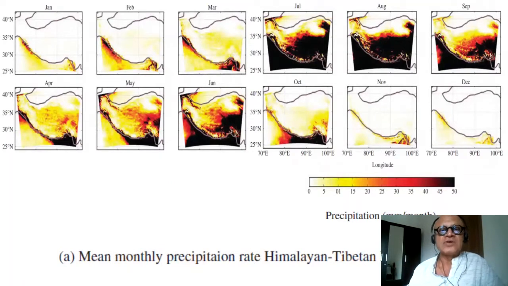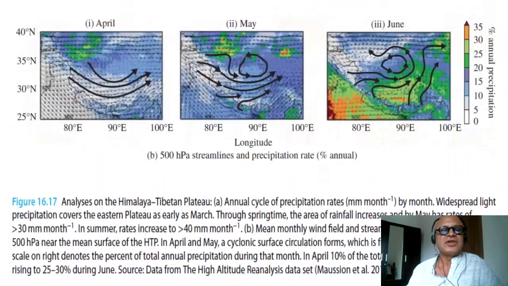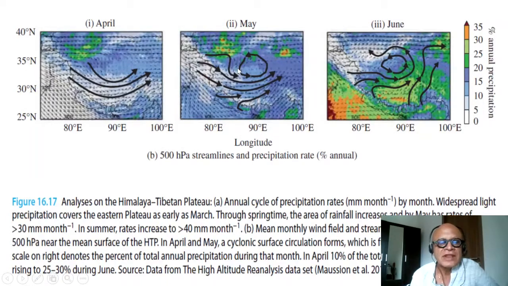So that is also consistent with what we expect with the heating over the Himalayas in terms of setting up the stream functions and the relative vorticities.